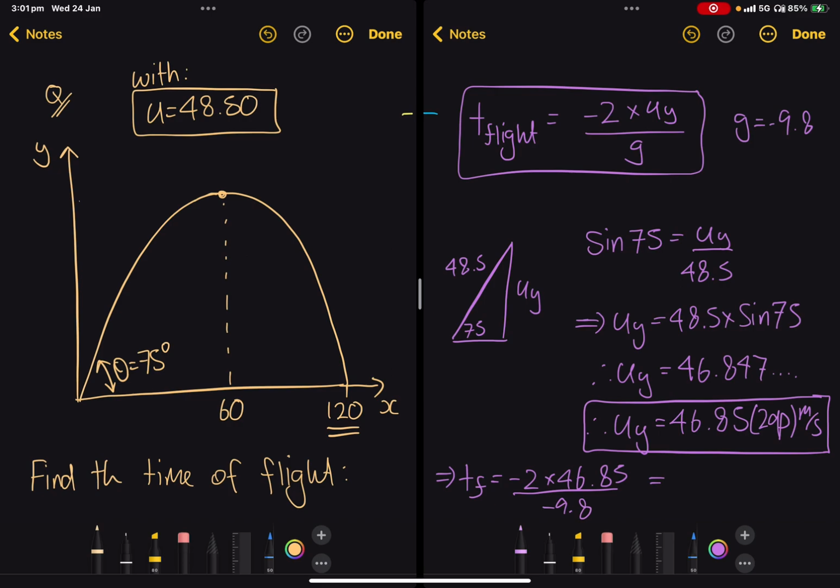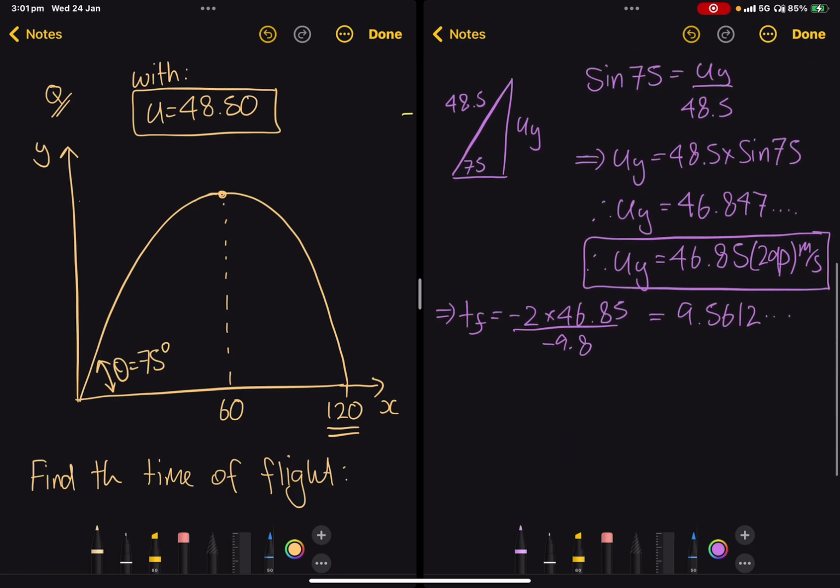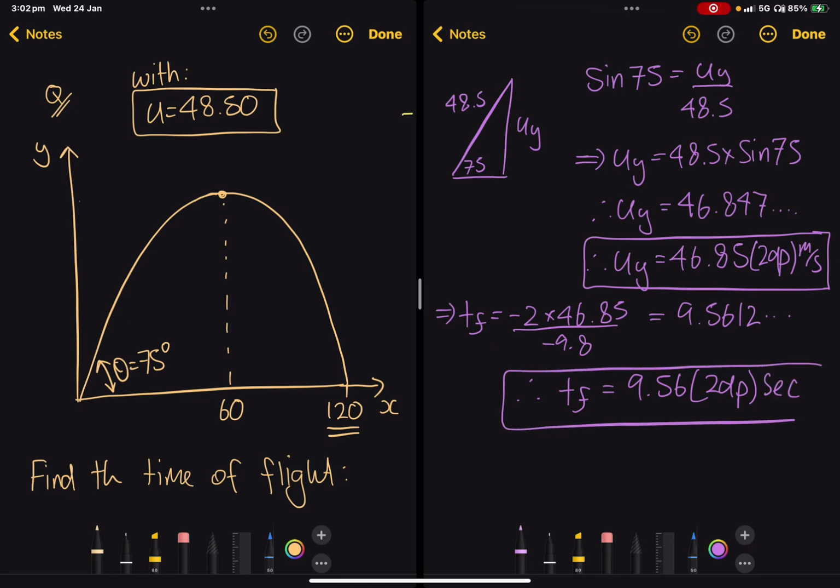This gives me 9.56122... So therefore, the time of flight is about 9.56 to 2 decimal places seconds. And this is the answer that we're after here.